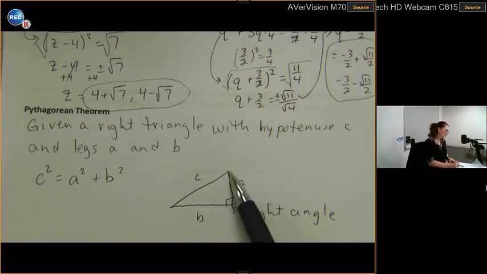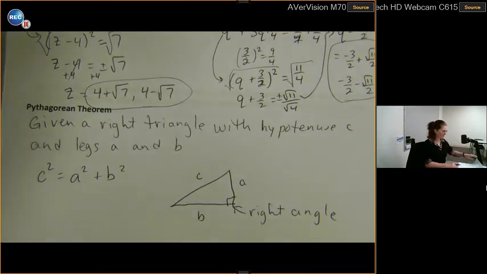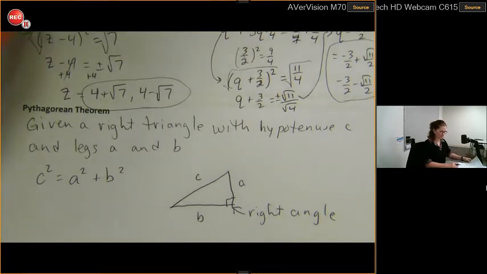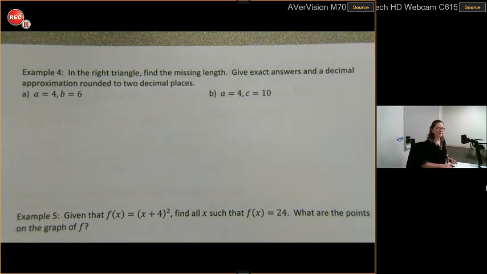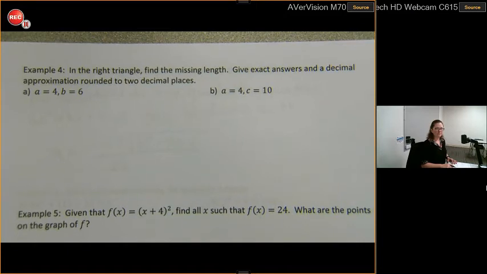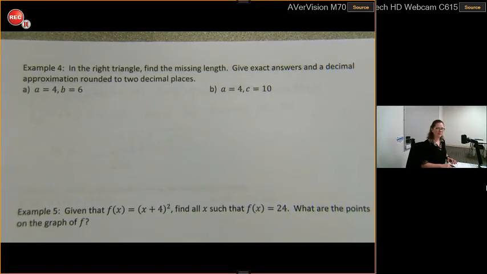So the hypotenuse is always the longest side, the one that's across from the right angle. So in our right triangle, find the missing length, give exact answers, and a decimal approximation.